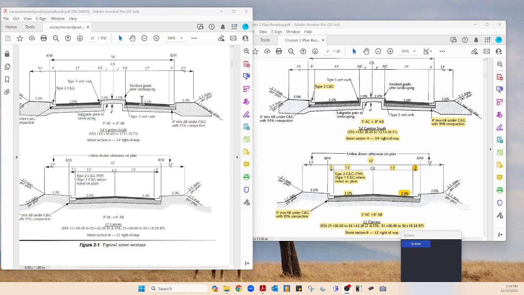This cross section over here is probably going to be stationary for a while. I've got this one marked up a little bit, because if I can't find it here, we'll go over here and find it.